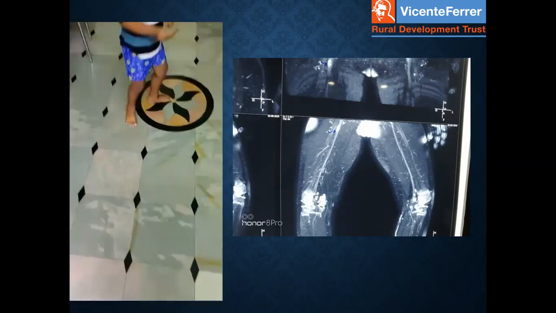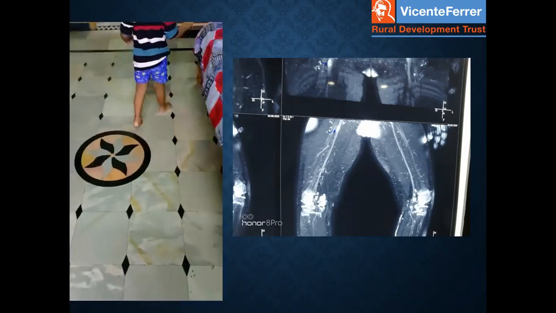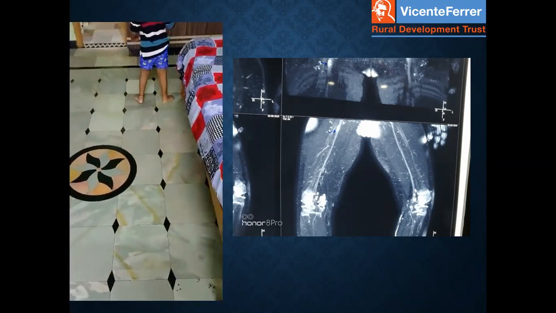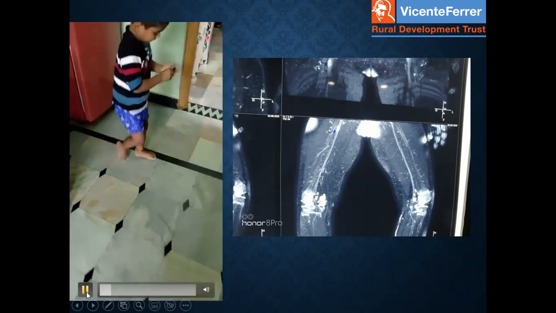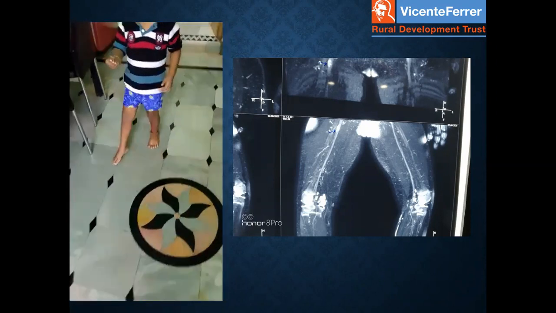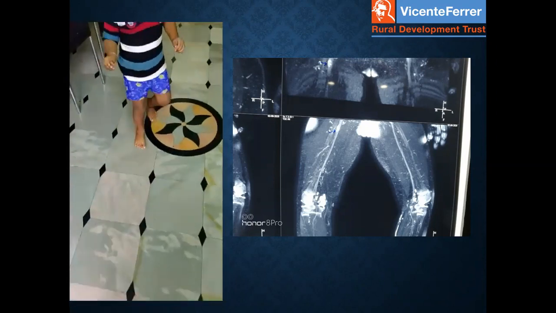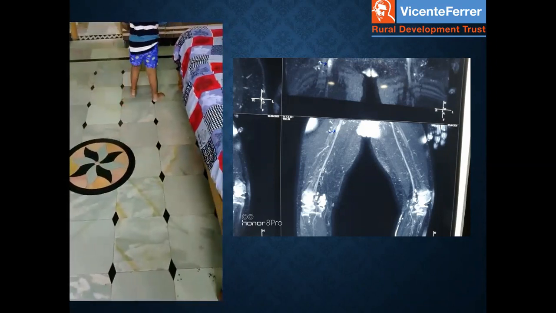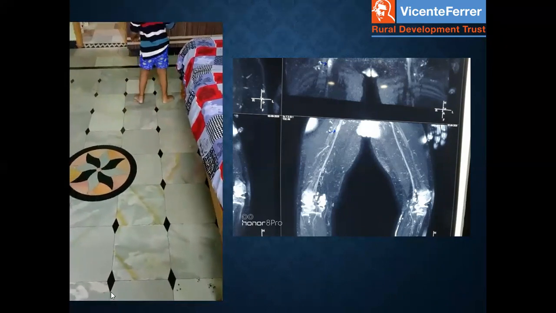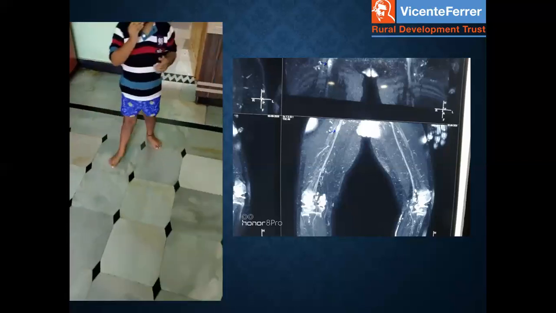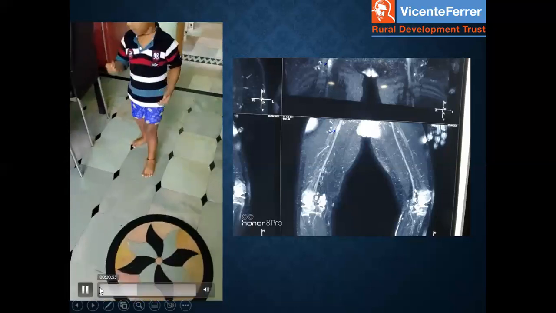So which leg is affected in this child? Right. So what's happening? What is the initial contact? Toe, sir. So toe is the initial contact. And in the mid stance phase, what is the position of the foot?